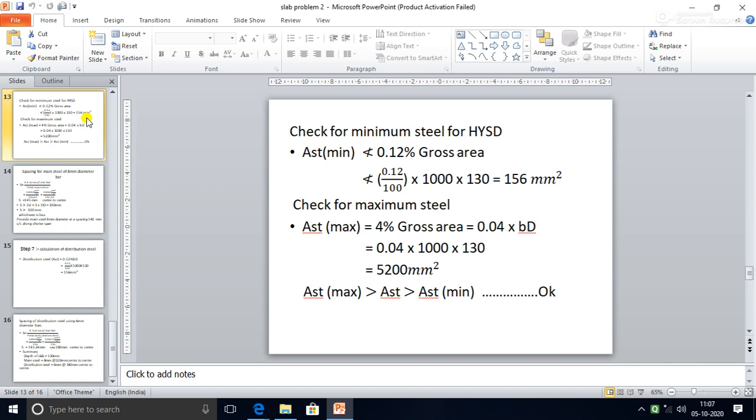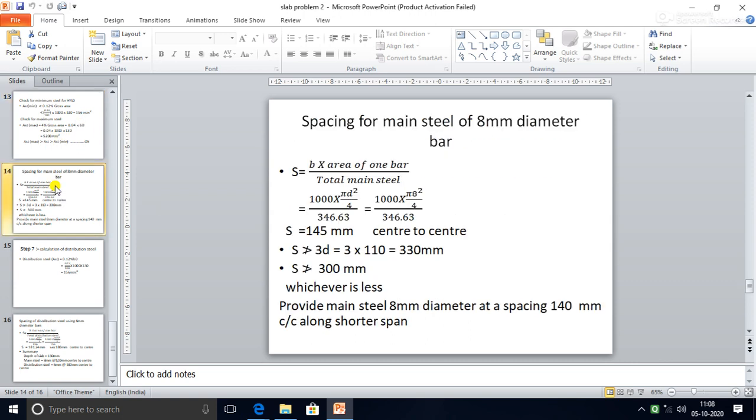And the maximum steel we have to provide is 4% of gross area, that is 0.04 into b into capital D, that is 5200 mm square. The maximum steel is largely greater than the actual Ast, and the actual Ast is again greater than Ast minimum. So the steel provided by us is correct.